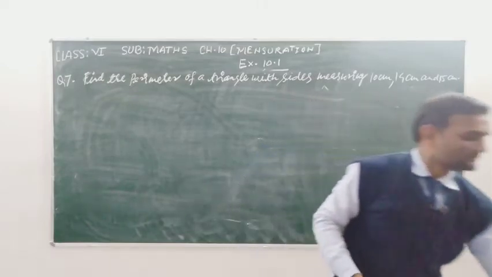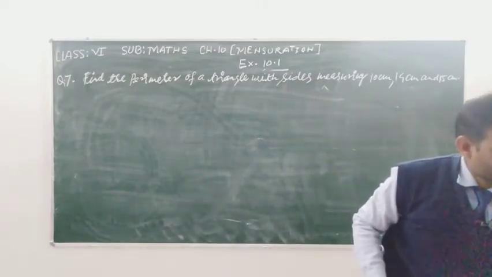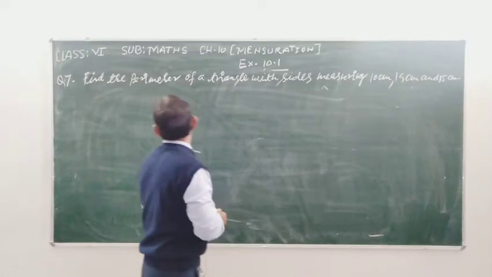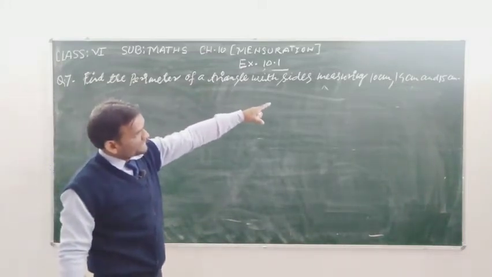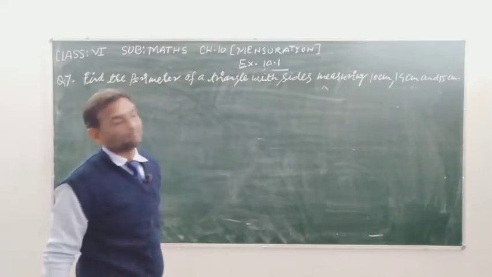It's very easy, student. One liner question. Find the perimeter of a triangle with sides measuring 10 centimeter, 14 centimeter and 15 centimeter.